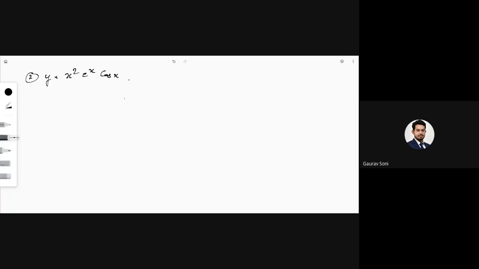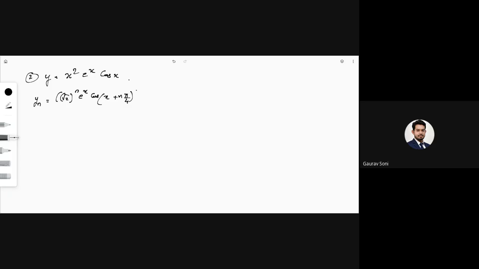So yn is equal to root 2 raised to n e to the power x cos of x plus n times pi by 4.